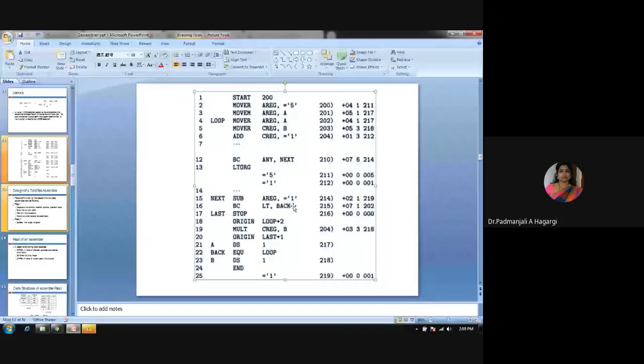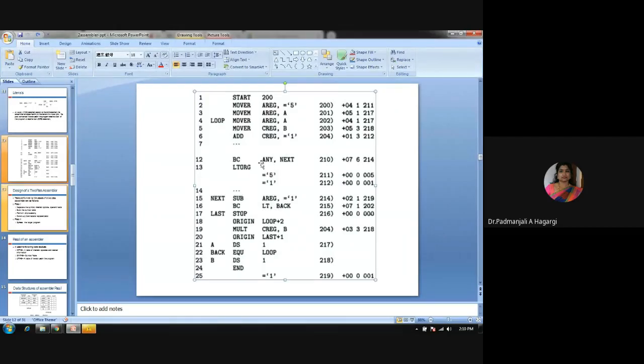Now BC is the next, branch on condition code, on less than. The label back is used here as the second operand. Sorry, not LTORG, less than. LT is less than. GT is greater than.